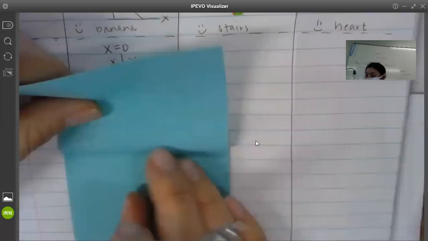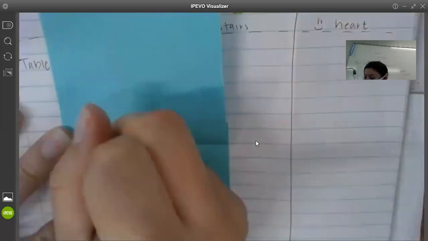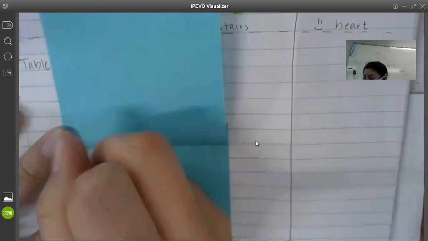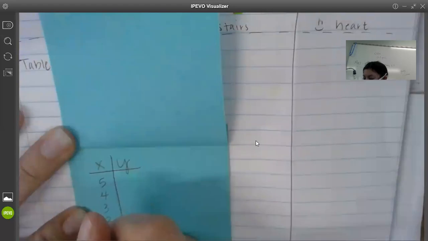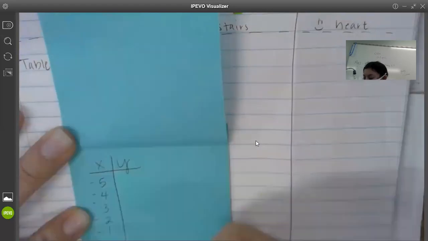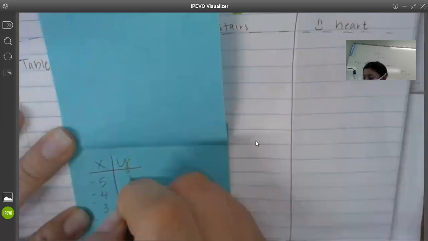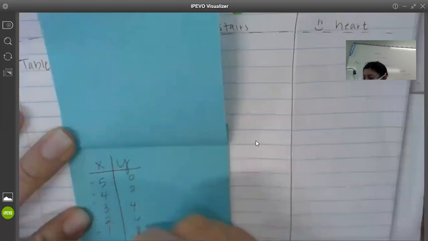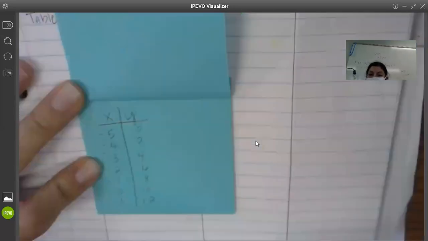Let's do another one. What would be your Y-intercept for this one?